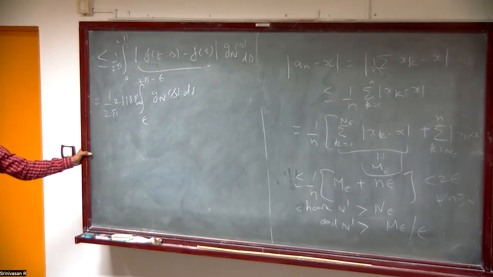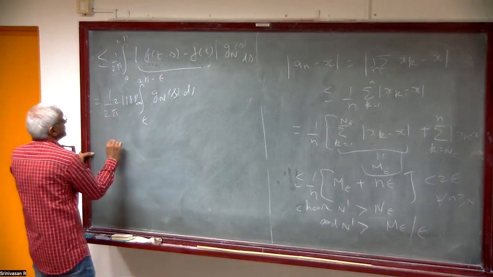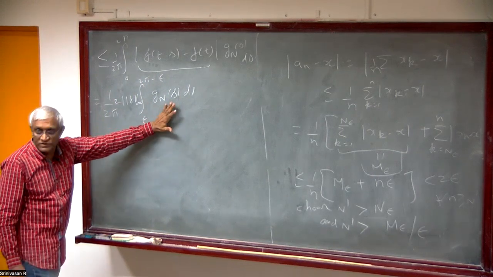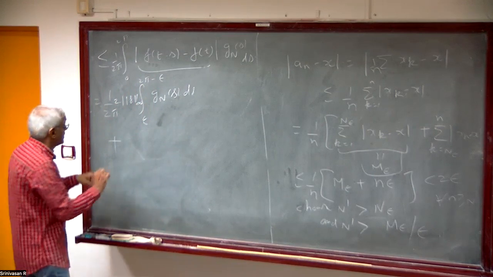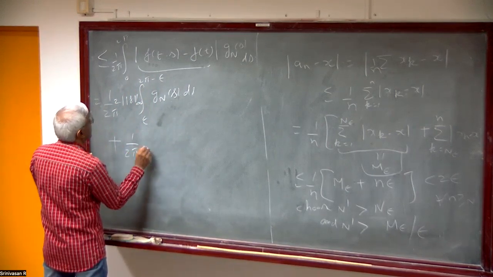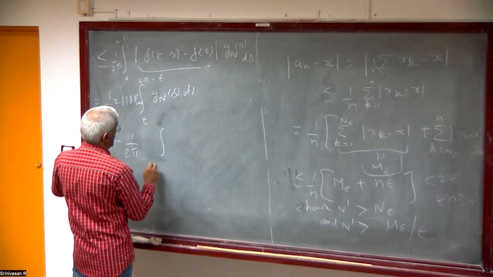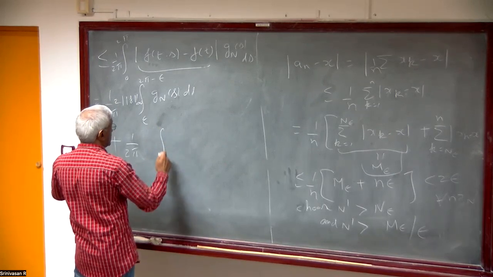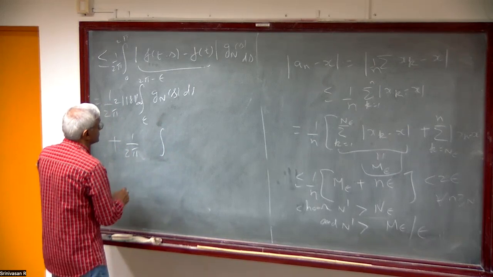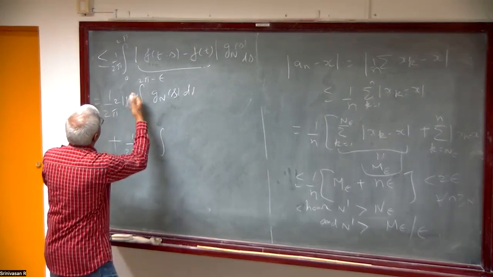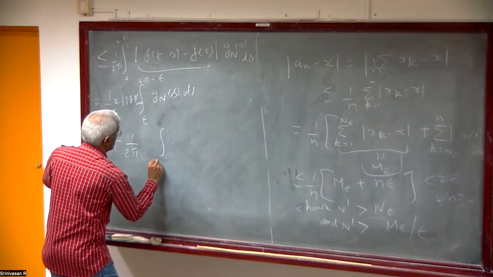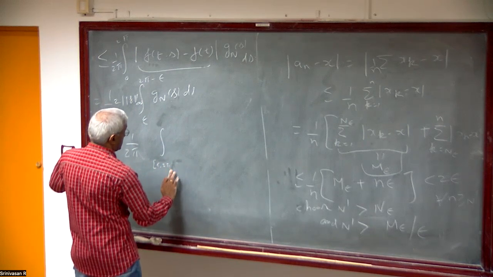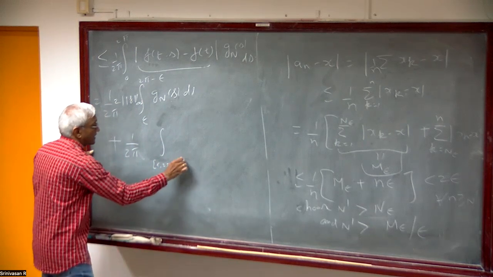So because of all that, I can get this. This term will go to 0 because this is a number, uniform. And this term will go to 0 uniformly. There is no t anywhere here. So 1 by 2 pi integral, and there are two integrals, in the complement of epsilon to 2 pi minus epsilon, in that region I'm integrating.